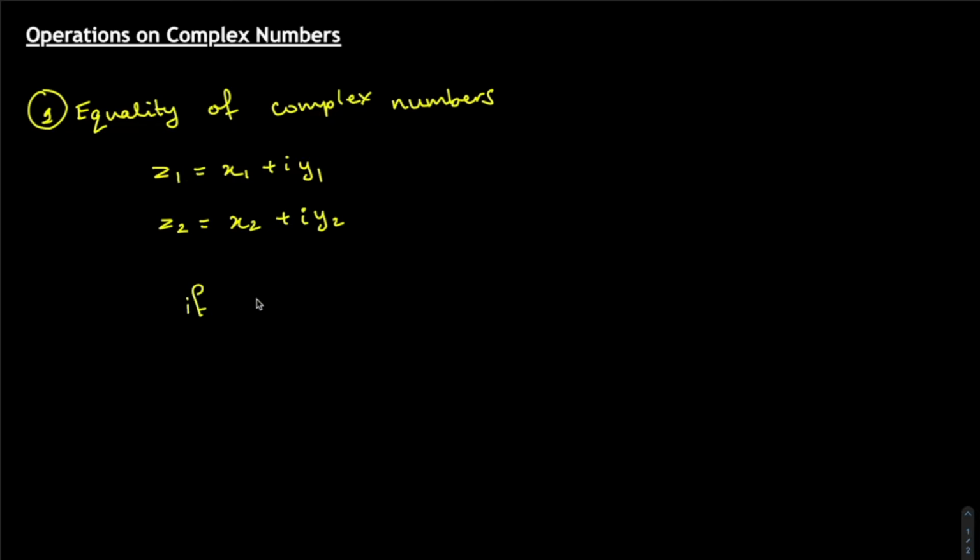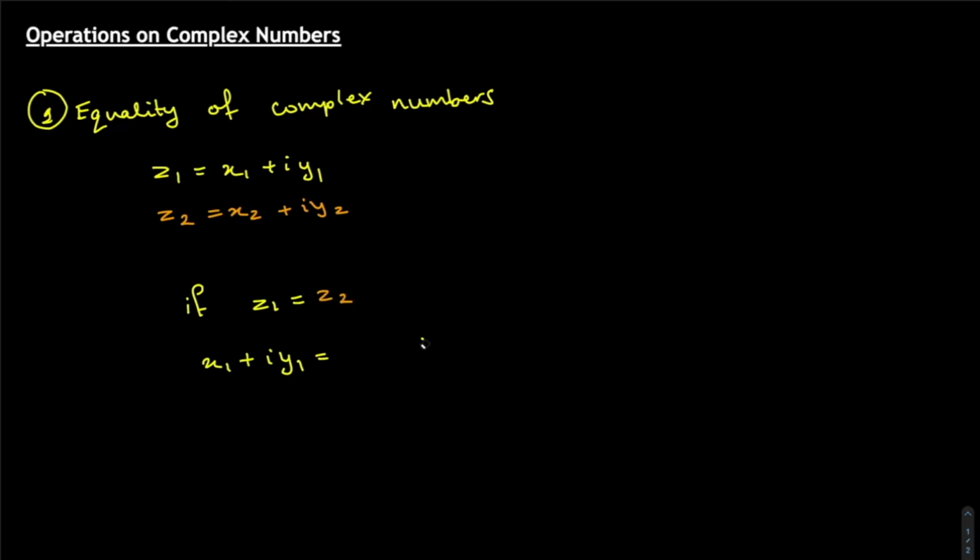If we have Z1 is equal to Z2, then we can say X1 plus iY1 is equal to X2 plus iY2. No doubt about that. I'll write Z2 in a different color, orange, Z2 is equal to X2 plus iY2.